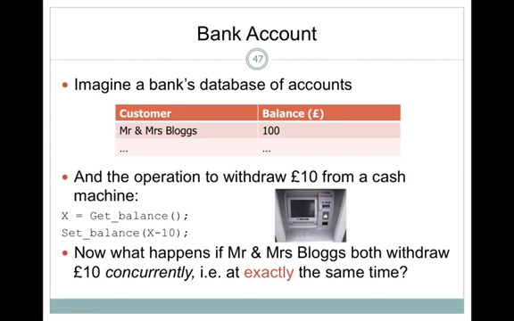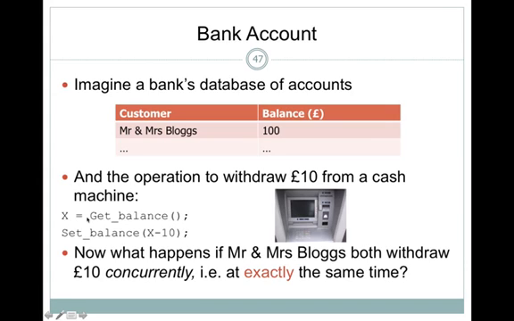One of the operations this database supports is withdrawing cash. So Mr. or Mrs. Bloggs can go to a cash machine, an ATM, and they can ask to withdraw a certain amount of money. And to illustrate this, we've got a little bit of code here, and this is supposed to be code that's sitting inside the cash machine.